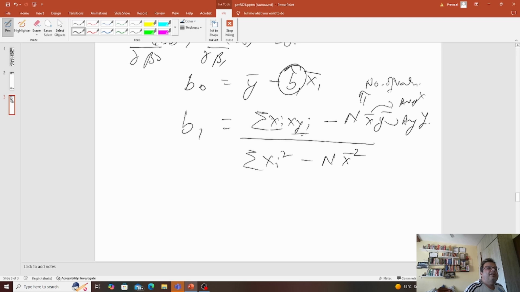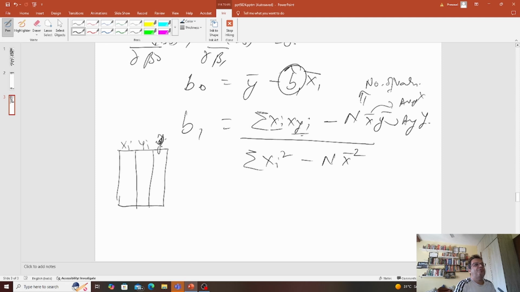Most likely you will get a question on this where they will give you a set of values, let's suppose in tabular data. This is your xi, this is your yi, and then they'll ask you what is the value of beta naught and beta 1.